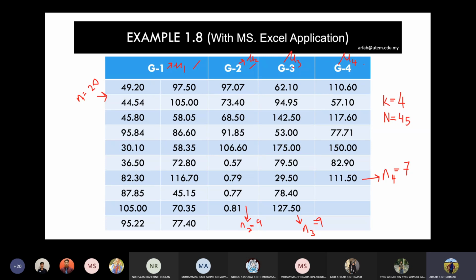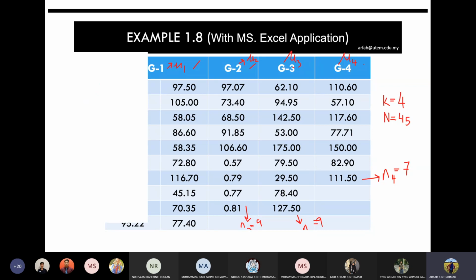Okay. So kita nak analisis data ni dalam Microsoft Excel, kita nak buat dia punya Anova table. Sebab yang kita berminat adalah nak tengok H0 mu1 sama dengan mu2 sama dengan mu3 sama dengan mu4 versus at least 2 of the mean are not equal. So key in data ni dekat dalam Microsoft Excel awak. So cuba key in data, open up your Microsoft Excel and then key in this data in Microsoft Excel.